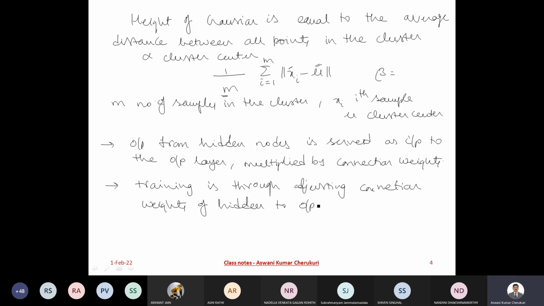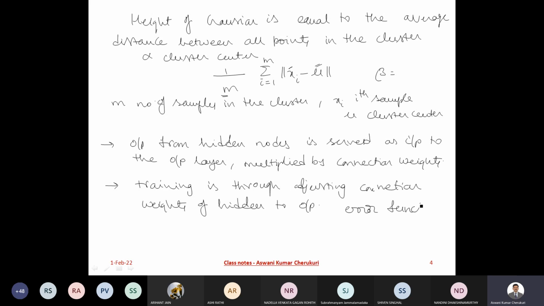So what do I do? I take the output layer nodes and see what the target is. When I submit an input, what is the corresponding target at the output layer? I verify by calculating the error function.